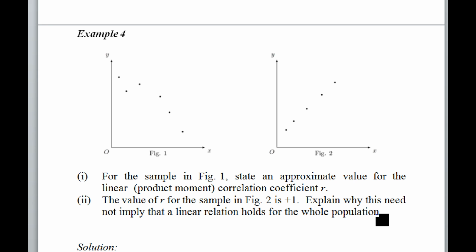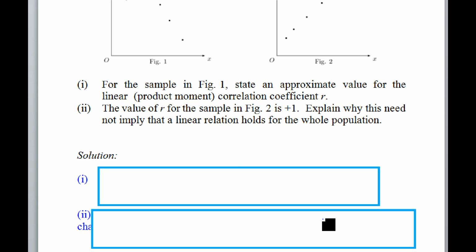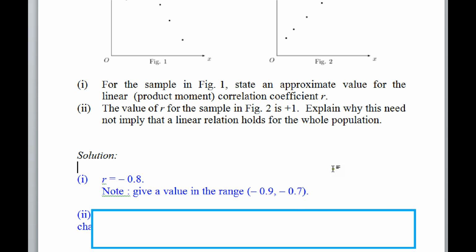What? 0.5? Negative? 0.9? Negative? 0.8? 0.7? Whatever. Okay, good. Good guesses. Okay, 0.8. If you give anything between 0.7 and 0.9, it's actually correct. Okay?